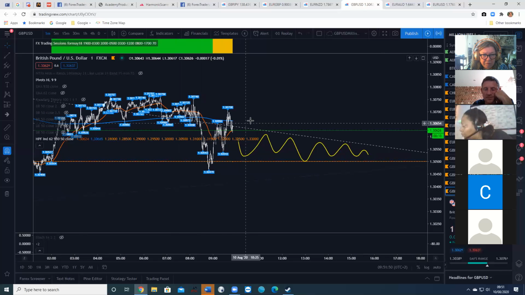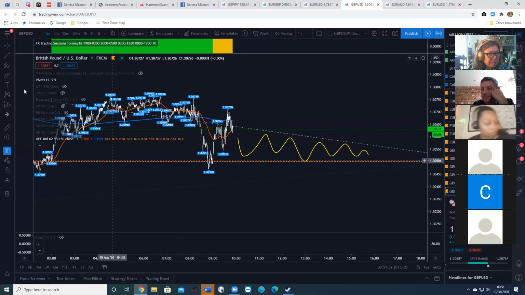So I don't know if it wants to turn around and come back this way now. Turn those pivots off.